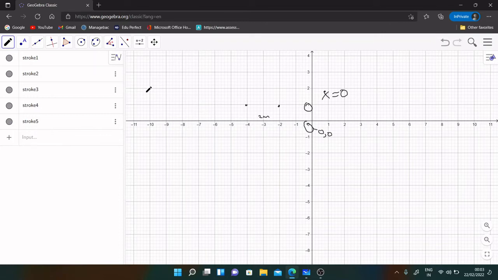The y values keep changing though. You see it's 1, 2, 3, 4, 5, 6, 7, 8. But the x value, through any point of this line, is 0. So the equation of this axis becomes x equals 0.